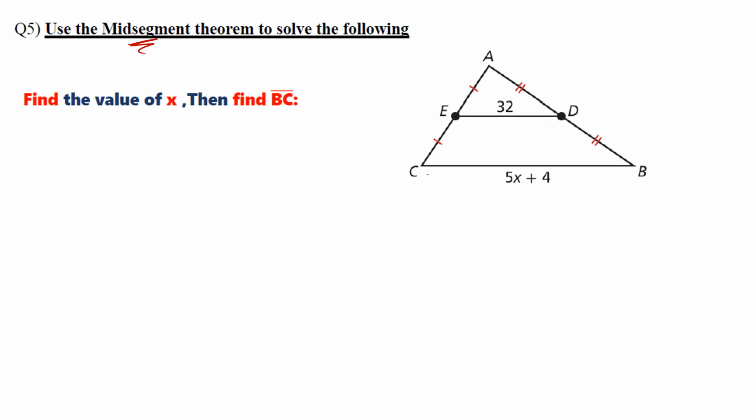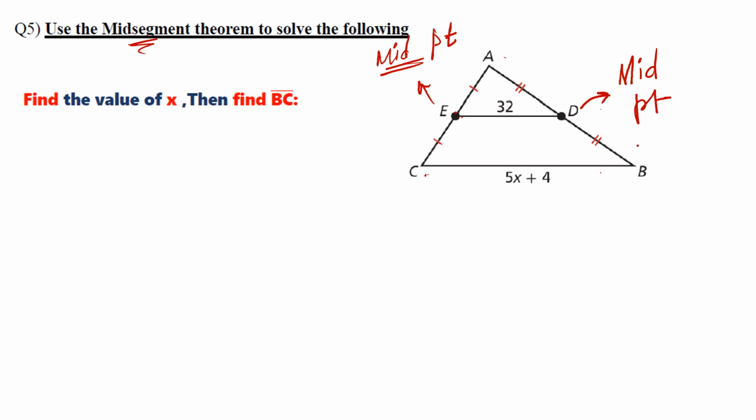So there is CB and there is ED. E is what? E is the midpoint, right? They are saying find the value of X, but you have to establish the relationship that E is the midpoint of AC and D is the midpoint of AB.